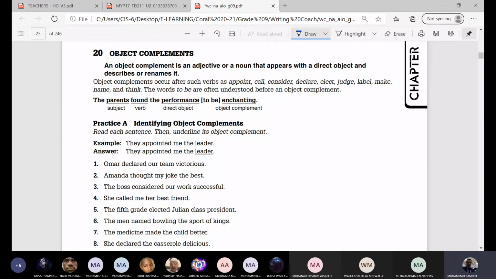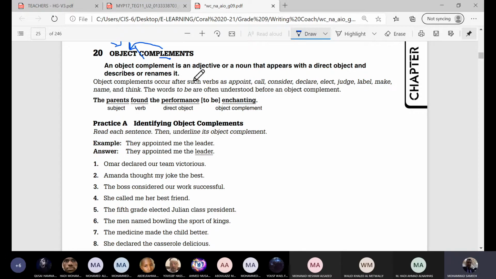Object complements. It's called object and complement, so let's analyze these two parts of the title. Object: there has to be an object, especially the direct object. Complement: this word completes the meaning of the object, so it renames or describes the direct object. What part of speech is an object complement?